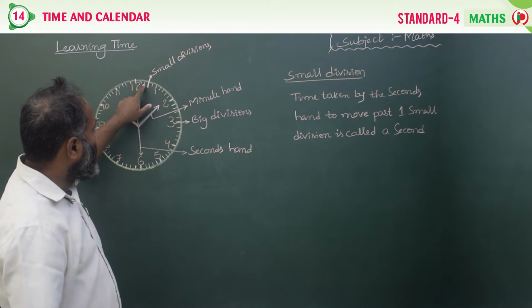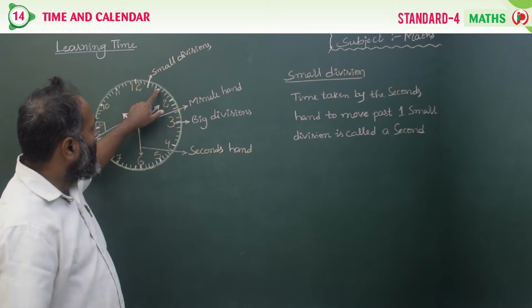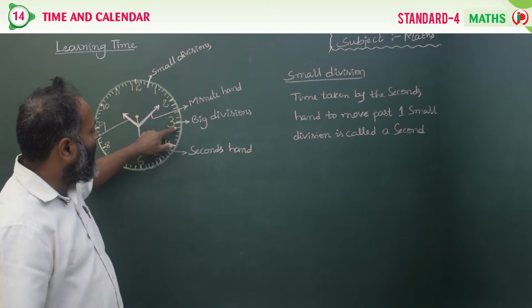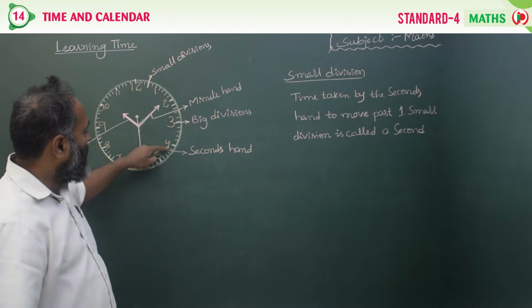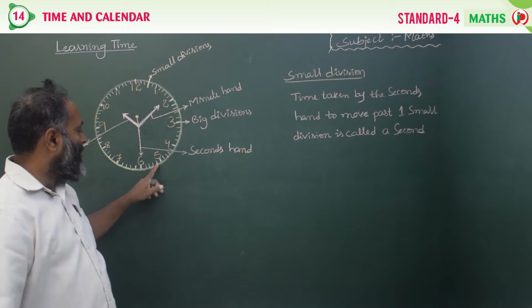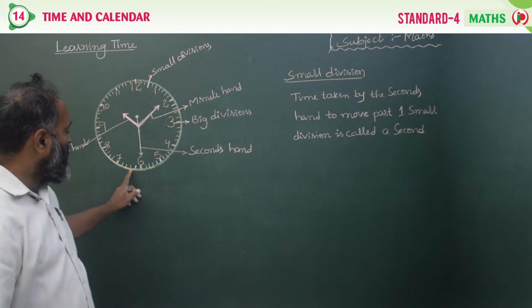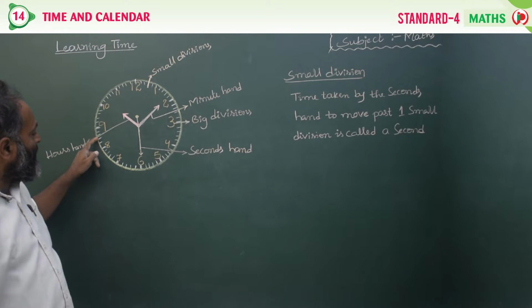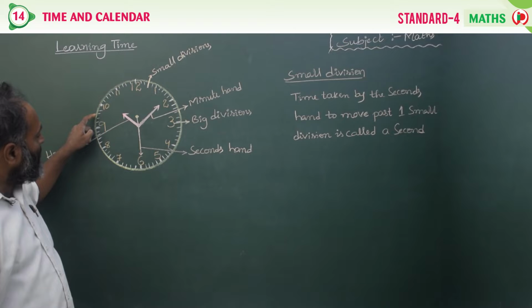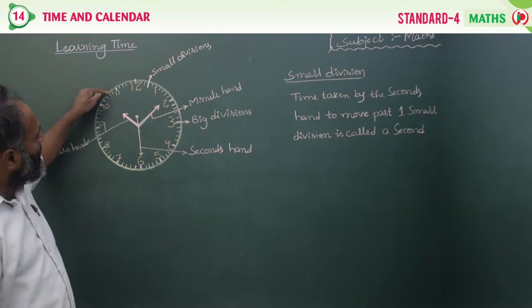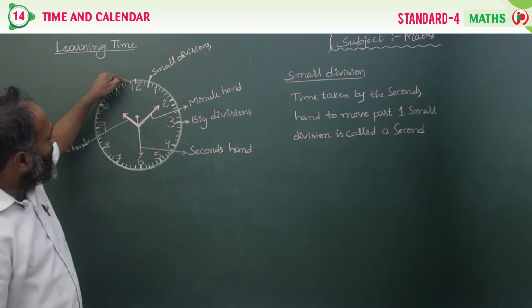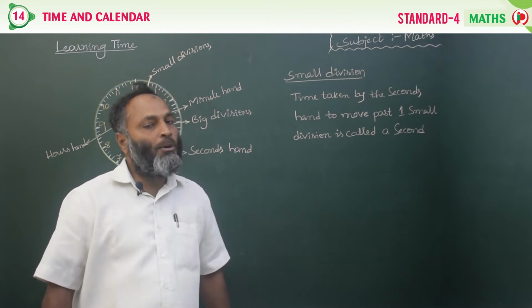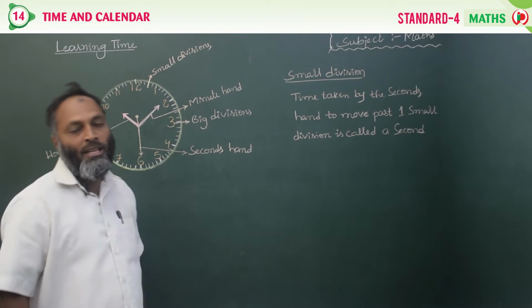Once you check, 1, 2, 3, 4, 5. 5 small divisions are there between each consecutive number.